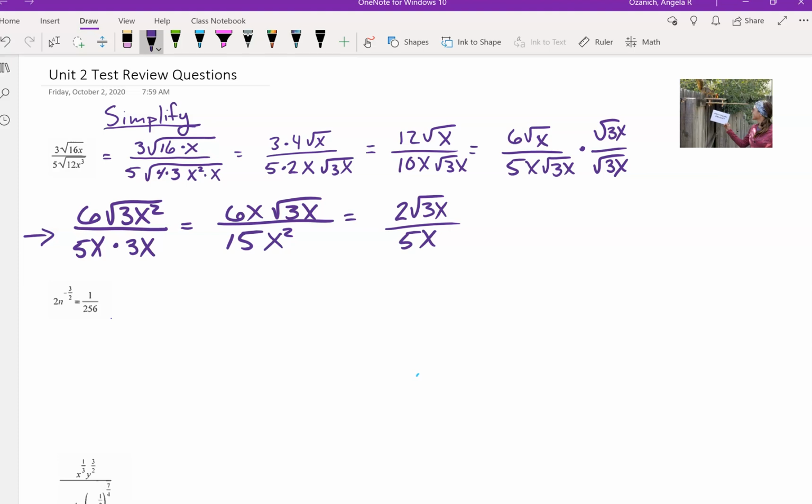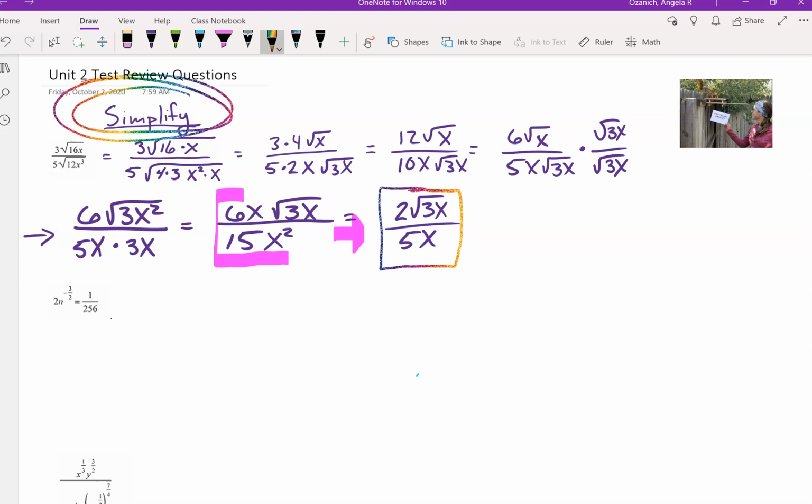Okay, so remember what happened from this step right here to this step is that 6/15 became 2/5, and the x over x squared, one of the x's canceled in the top with one of the x's in the bottom, to arrive at our final answer. There we go. So remember, simplifying is a great way to start things off.